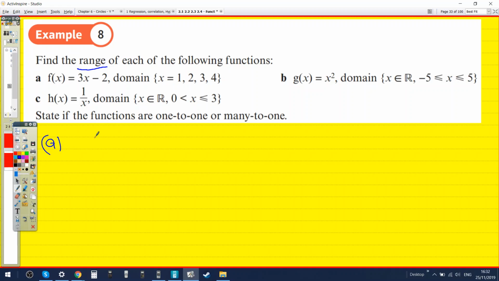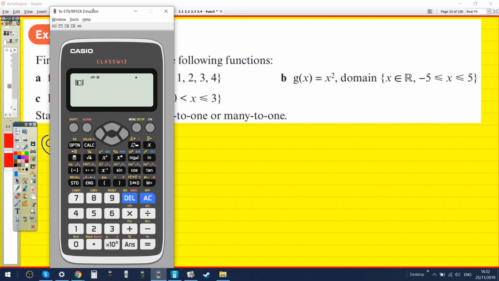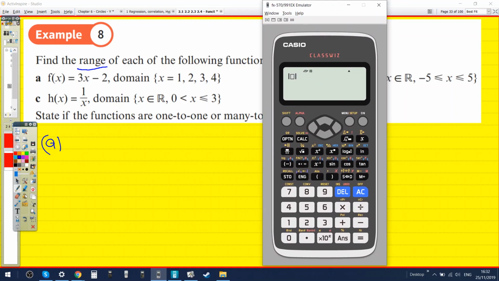True, but we have to find the range of the function, not the inverse function. So we would still have to use the values of x that they've given us to get it. Oh, would we just have to input all the x values that they've given us into the function? Yeah, that would work. And the range between them? Yeah.